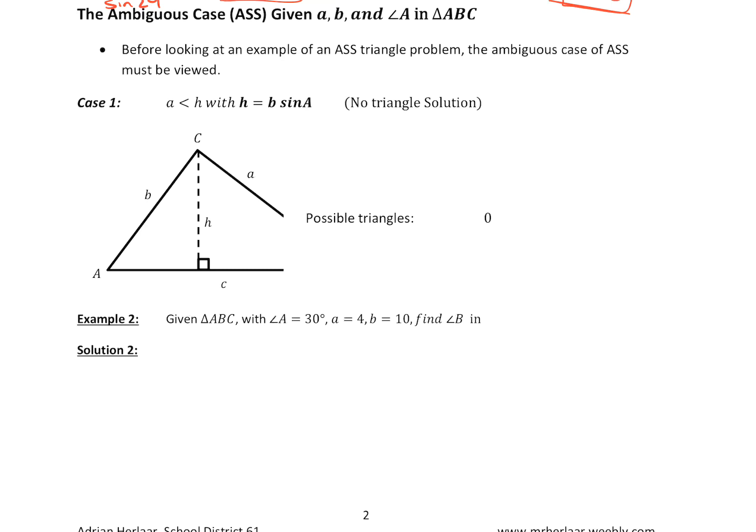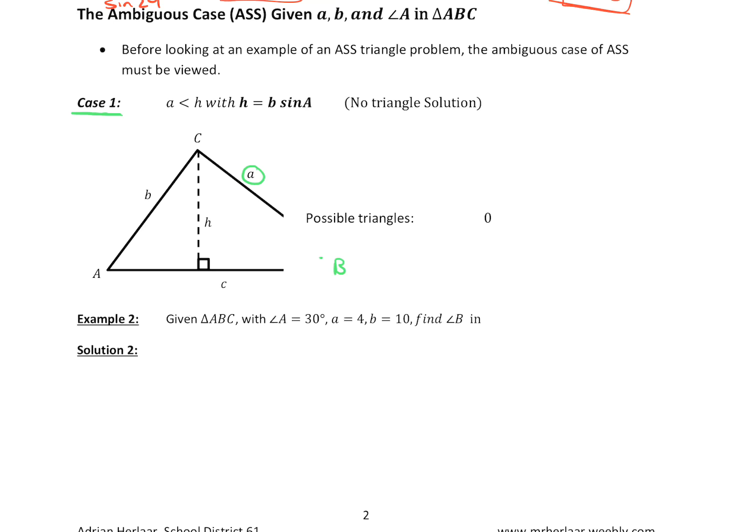So this is case one right here, and there's a lot going on. This is going to take a lot to wrap your head around, but hopefully I'll make this as easy as possible. So case one, if you look at the way this triangle is labeled, angle B is down here, but I just don't know how long side A is, so I'm not sure where the connection of this triangle is, and that matters.